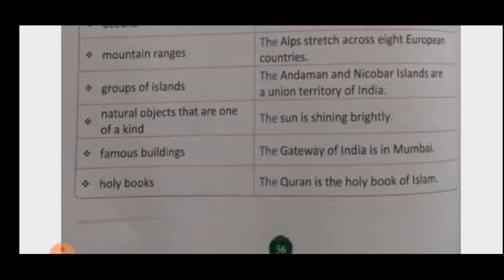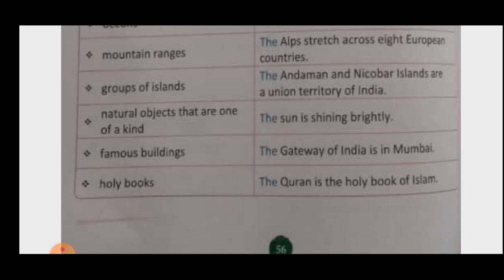The Gateway of India is in Mumbai. The Gateway of India is very famous building. For that we will use the as article. Next, holy books. The Quran is the holy book of Islam. Before the name of holy books also we will use the article. Here the example is given. Quran is the name of the holy book, and before that name we have put the.